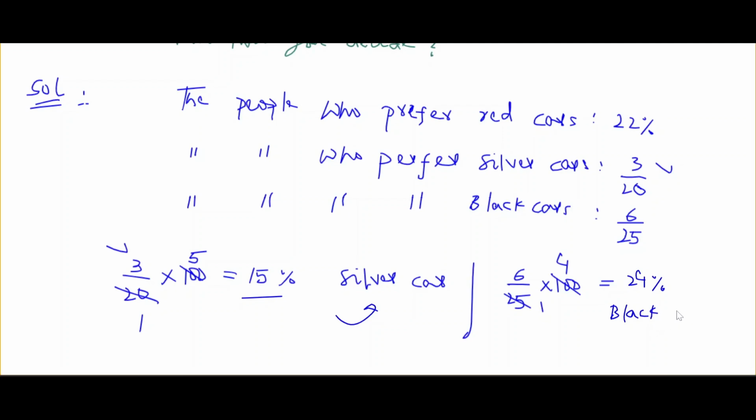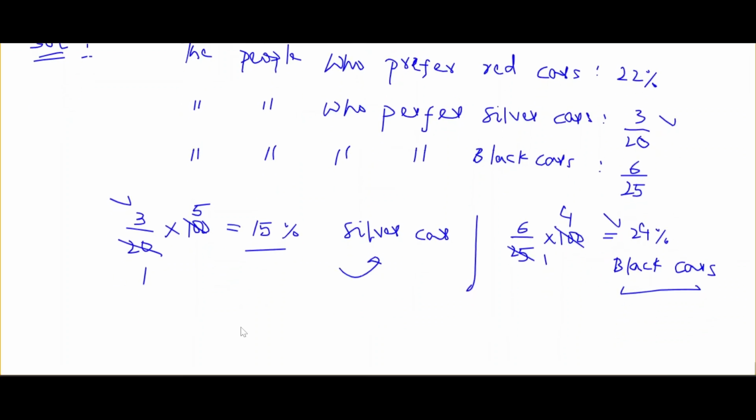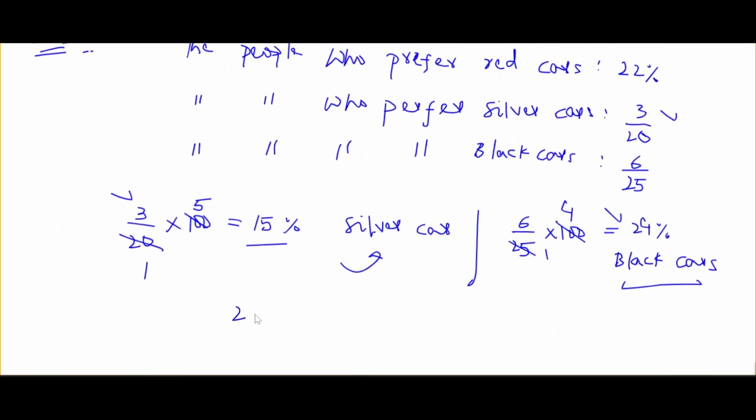So now you can easily see that the most popular is black cars because of the percentage. It's 24 out of 100. You can write it like this: 24% is greater than 22%, and 22% is greater than 15%.